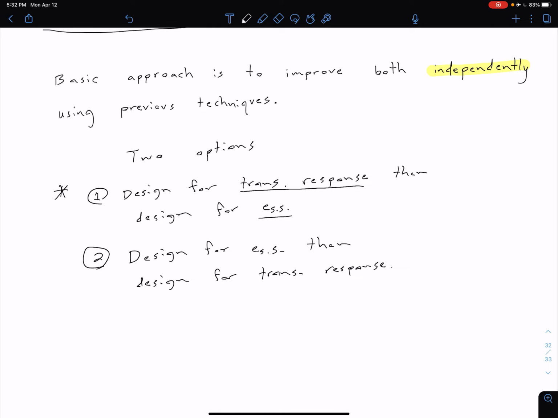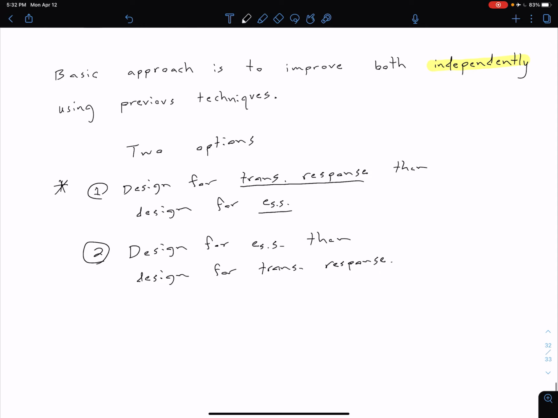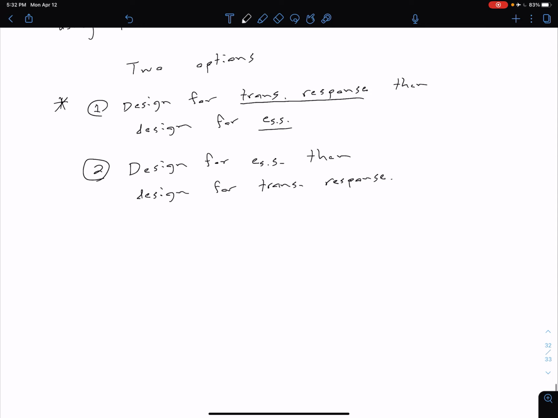Now, it's worth mentioning that regardless of which of these two options we use, we need to be aware that our second design phase can slightly alter what was designed in our first design phase. It's typically not going to change it greatly, but we do need to be aware that it's not going to stay consistent.